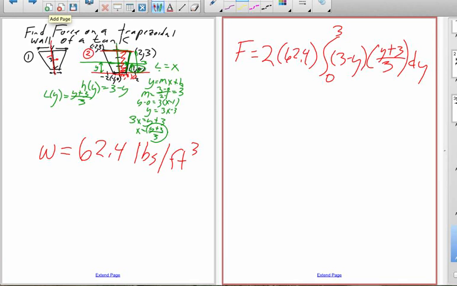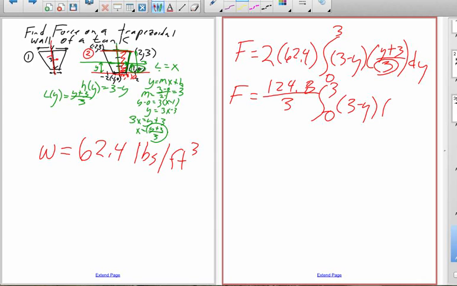Okay, now this looks like a pain, except I multiplied by 1/3, so I'm going to go ahead and bring that out. So F is going to equal 124.8 over 3 times the integral from 0 to 3 of 3 minus y times y plus 3 dy.